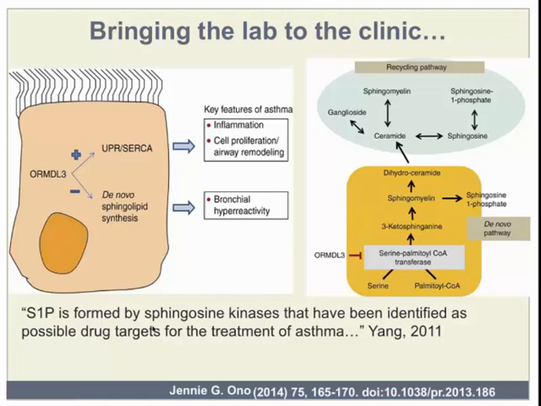As you know, sphingosine 1-phosphate is formed by the sphingosine kinases that have been identified as possible drug targets in the treatment of asthma. And actually, sphingosine 1-phosphate is already being used to treat other autoimmune conditions. So really suggesting that some of the metabolites in these pathways may be good targets for future clinical research.